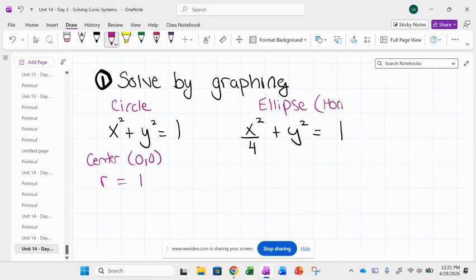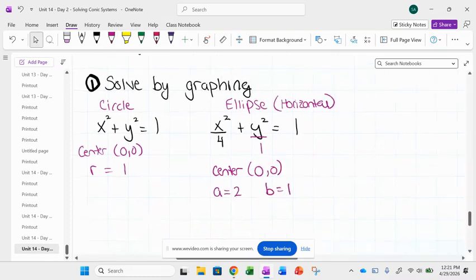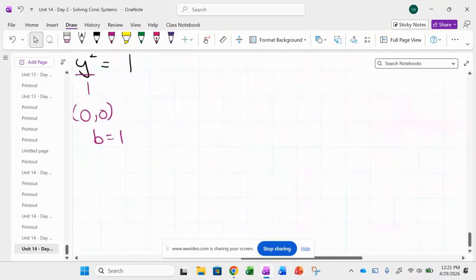Horizontal. And do we also agree the center of this ellipse is (0, 0)? If they have the same center point, does that count as a solution? No, it does not. And do we agree my a is 2 and the b is 1? Okay, so let's start sketching.